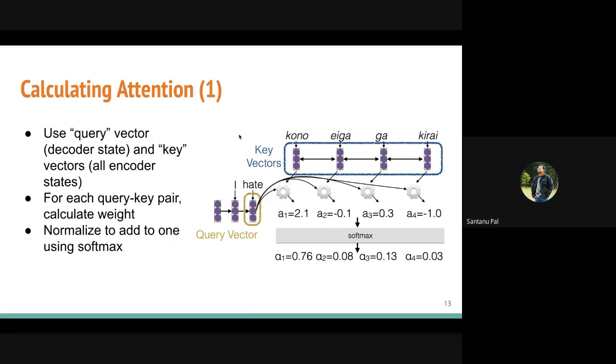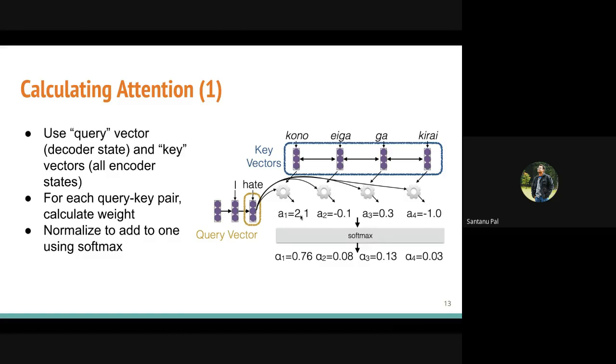These three things are required to calculate the attention mechanism. For each query and key pair, calculate the weight and then normalize it to add up to 1, between 0 and 1, using a softmax function.